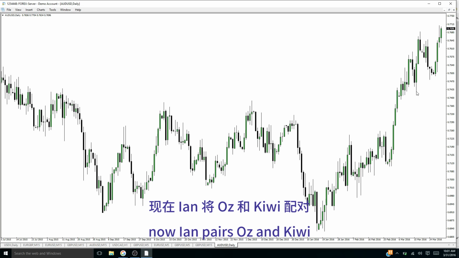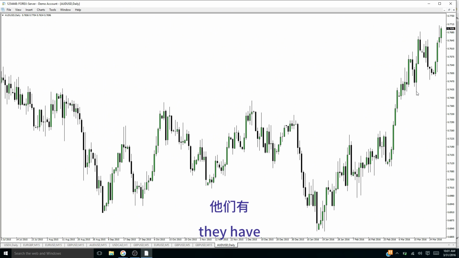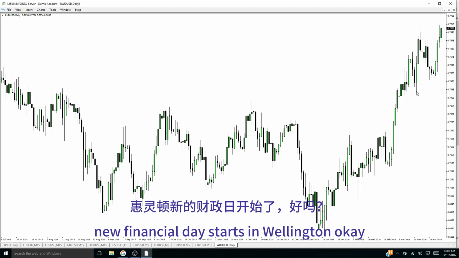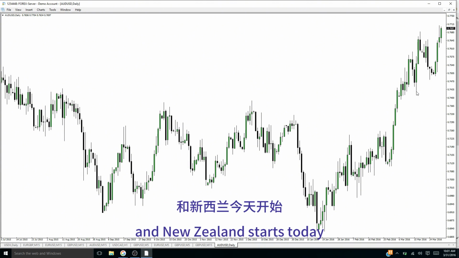Now, yen pairs, Aussie and Kiwi, have a tendency to do things differently because the quote-unquote new financial day starts in Wellington. And New Zealand starts today.